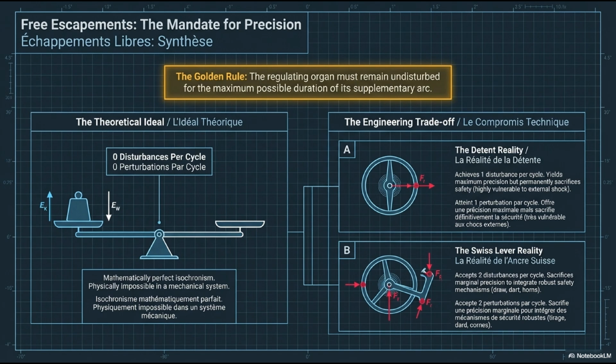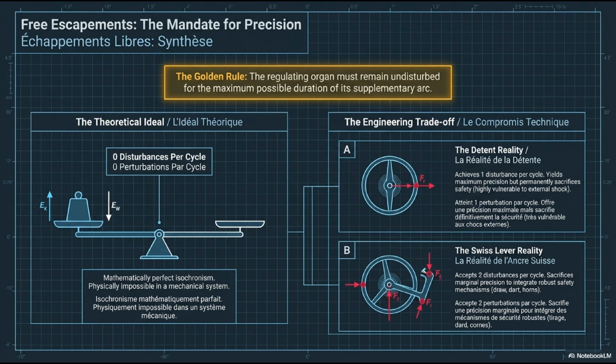If you could build an escapement that injected energy into the balance with 0 physical contact, like wireless charging, the balance would oscillate in mathematically perfect isochronism forever, governed only by its own moment of inertia and hairspring stiffness. This is the target. It is also, as the slide states, physically impossible in any mechanical system that must transfer energy through contact.